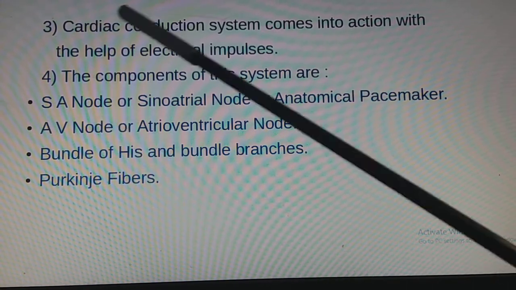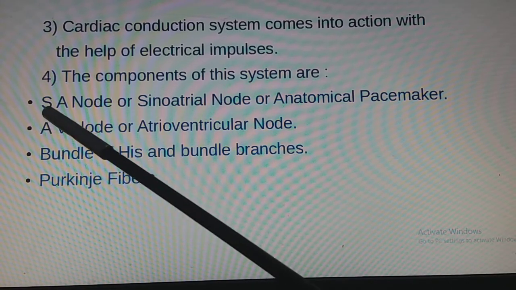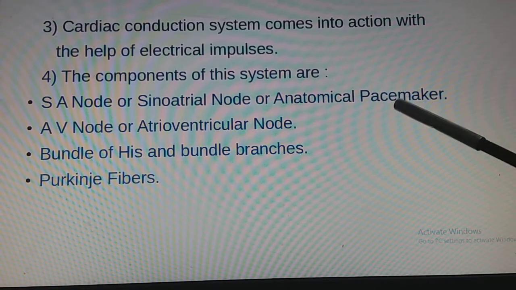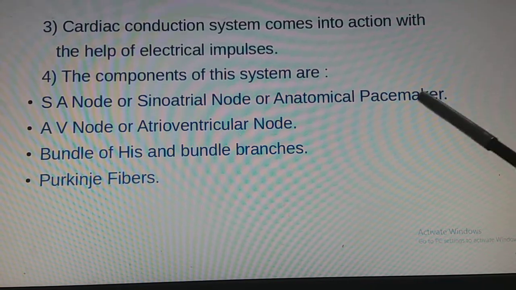SA node is also called the sinoatrial node, which is its name. In short, it is known as the SA node, and it is also called the anatomical pacemaker.